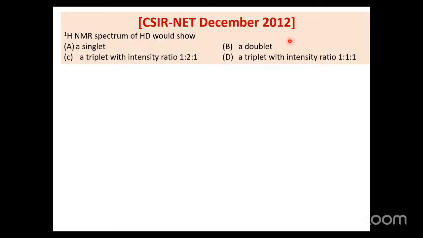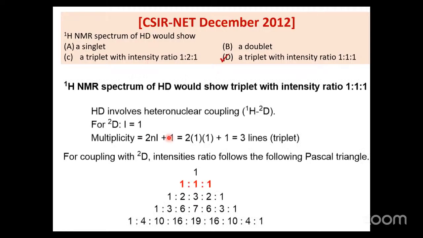This is one question they asked in the CSIR exam in 2012. The H1 NMR spectrum of HD shows a singlet, doublet or triplet with the intensity 1:1:1. Now hydrogen has spin 1/2, deuterium is 1. So you can first calculate the number of lines by using the formula 2nI + 1.